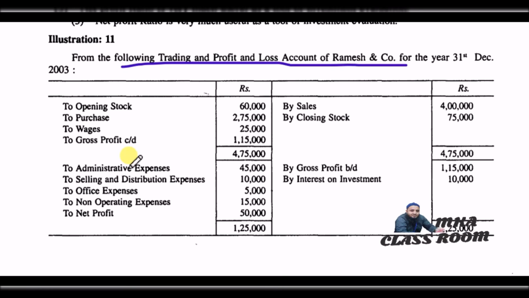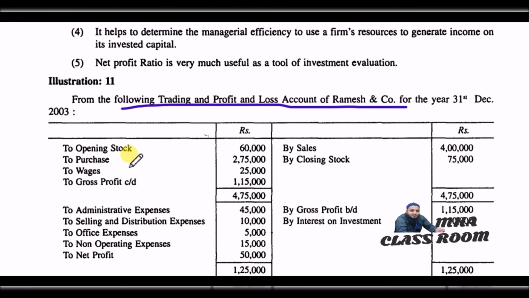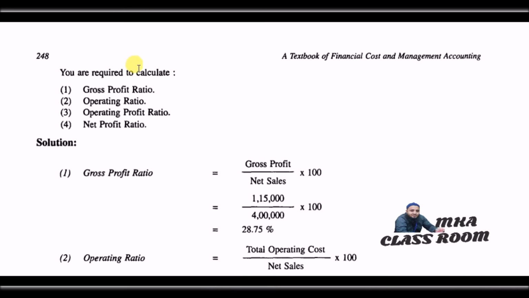Then you have to calculate from this data the gross profit ratio, operating ratio, operating profit ratio, and net profit ratio. So gross profit ratio, we know, is gross profit divided by net sales into 100.